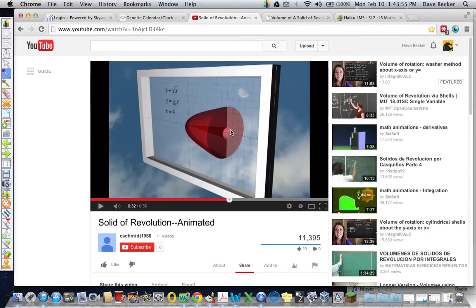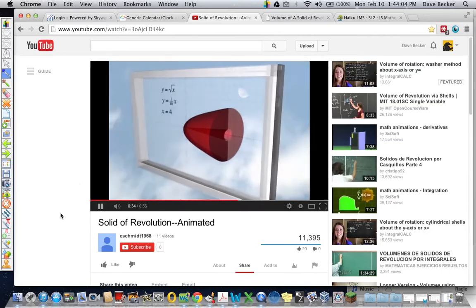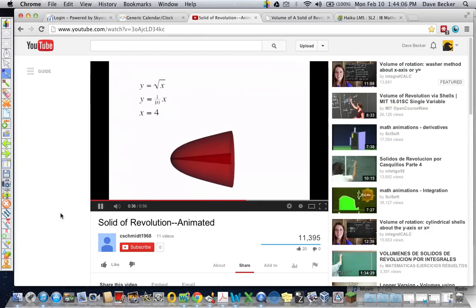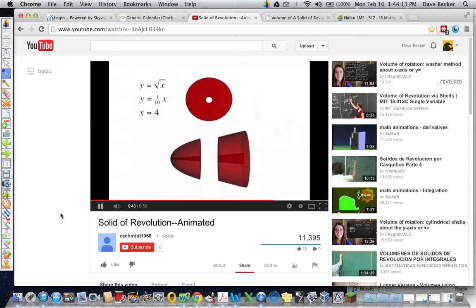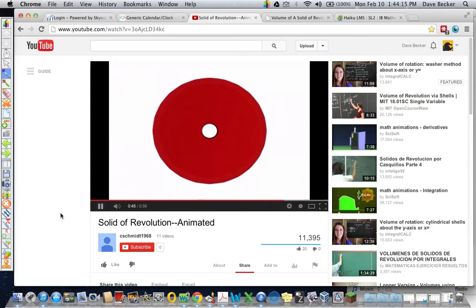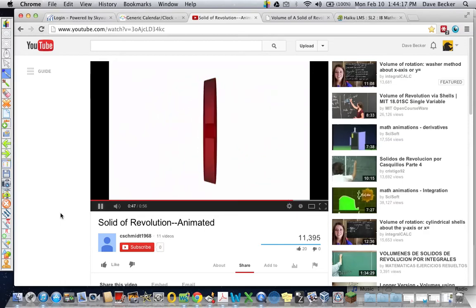But for right now, I want you to imagine that this line isn't here, and this is just solid in here. It's one big giant solid with no hole. And so we'll continue the animation to see what happens. And they're going to show you taking a slice. And you can see what I was trying to draw before, and they'll tilt it sideways so you can see it. And again, ignore that hole.